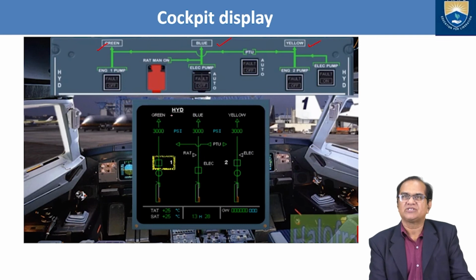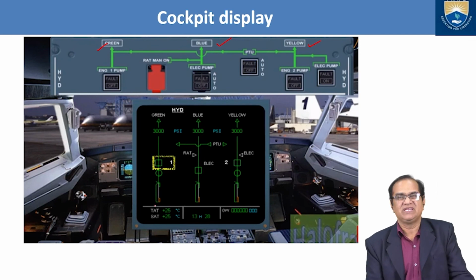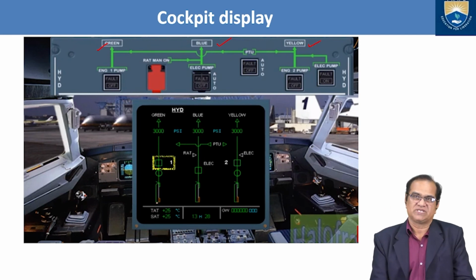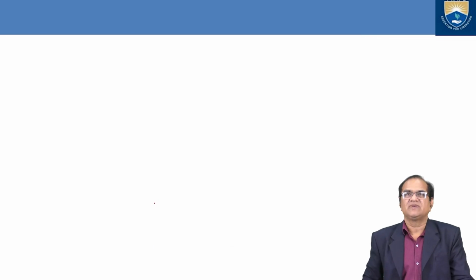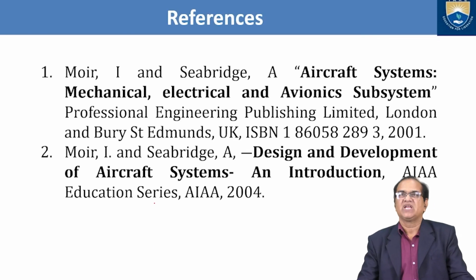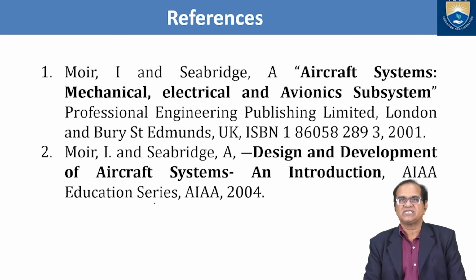Here also the hydraulic systems green, blue and yellow will be visible, showing which one is operating. Here is the electrical system. The pilot will be able to see like this in his or her cockpit. Okay, so in this way we can see.